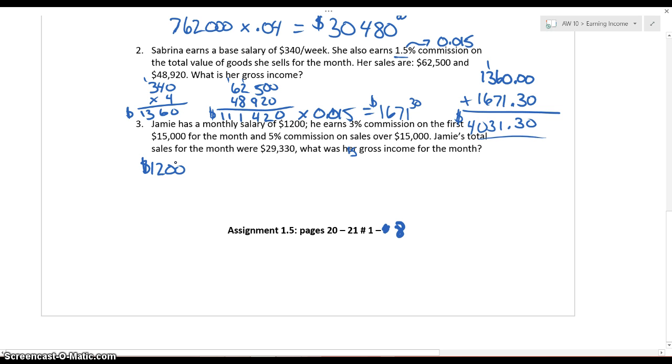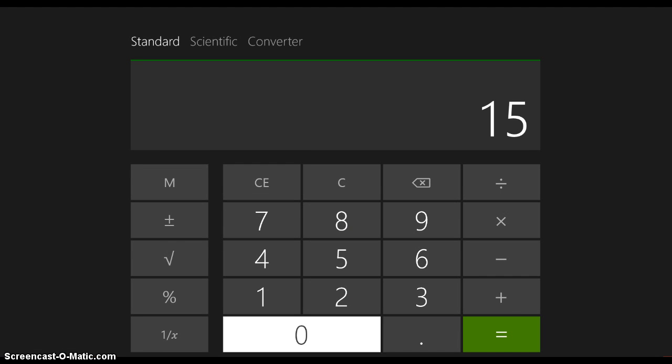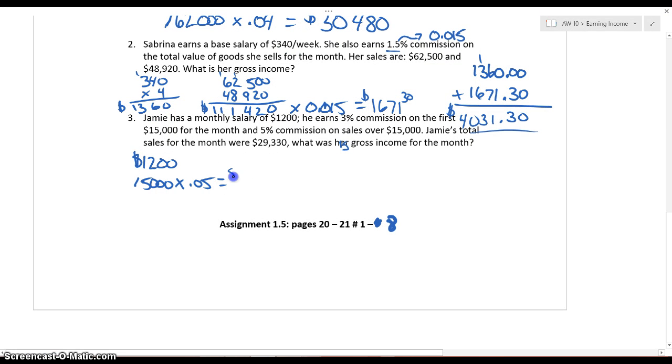Okay. First $15,000, he earns 5%. So I'm going to take the 15,000 times 0.05, 750.